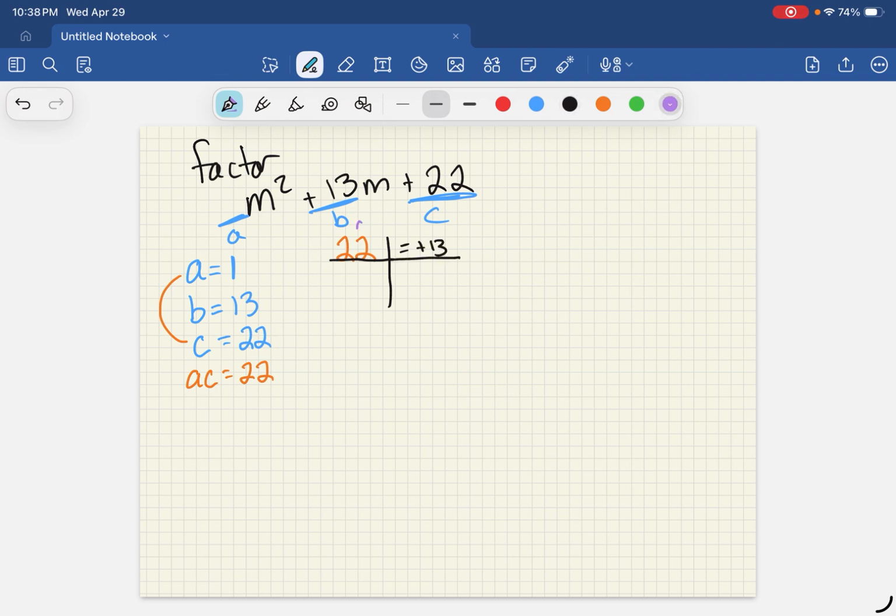I am getting these values from A, C, and B. All right, so what I would do is grab my factor chart and write down all of the factors of 22. Now, 22 is a positive number. We get positive numbers from multiplication by multiplying two positive numbers or two negatives.